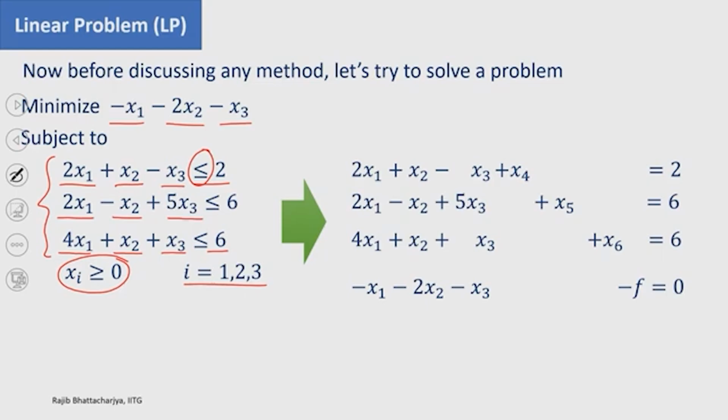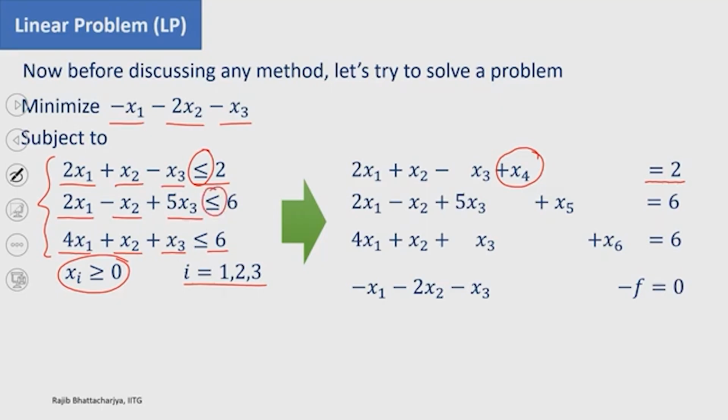How will we do that? In the first equation I have added a slack variable, and by adding this slack variable I am making it equal. So now the equation is twice x 1 plus x 2 minus x 3 plus x 4, where x 4 is the slack variable I am adding, equal to 2.